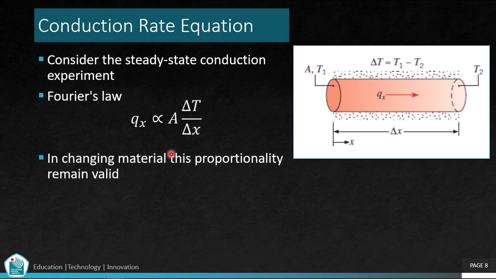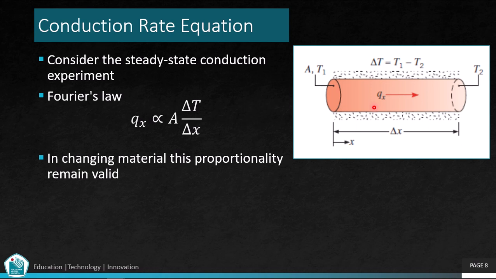In changing material, this proportionality remains valid. However, we would also find that for equal values of A, delta X, and delta T, the value of the Qx would be smaller for the plastic than for the metal.